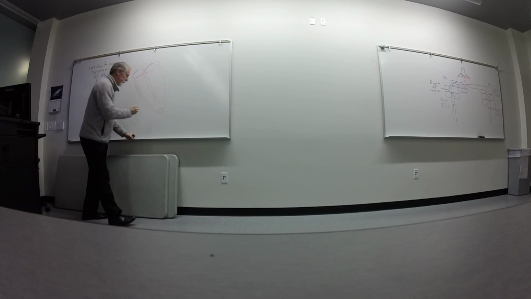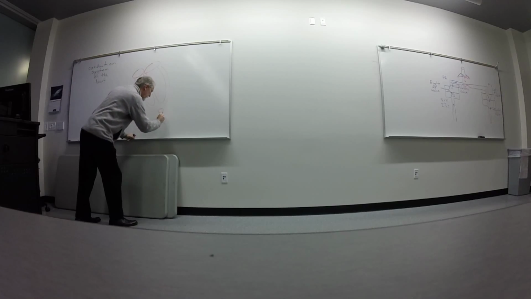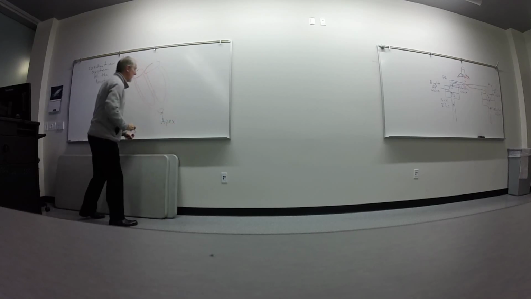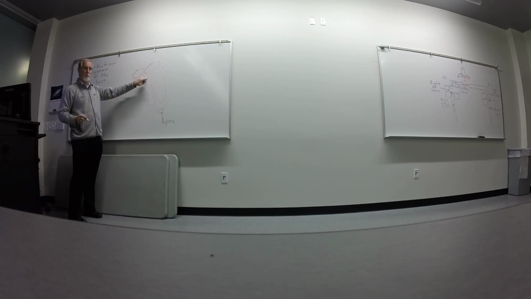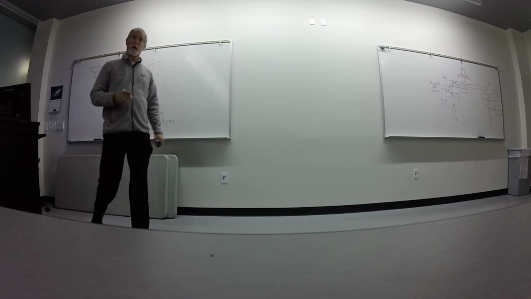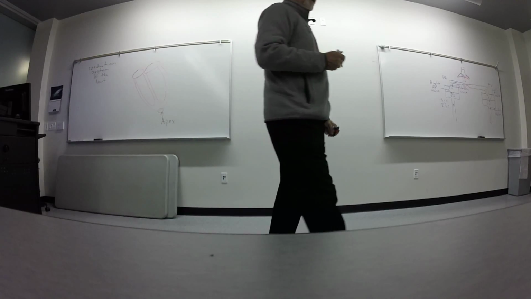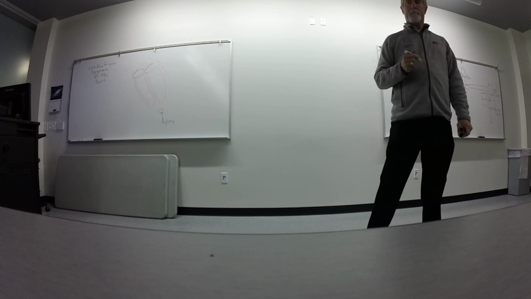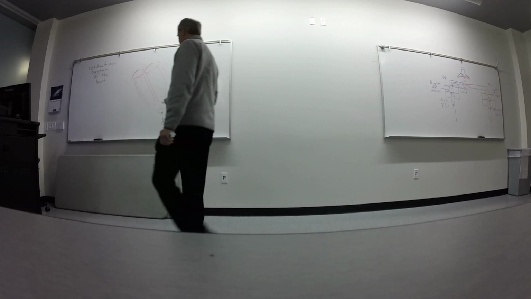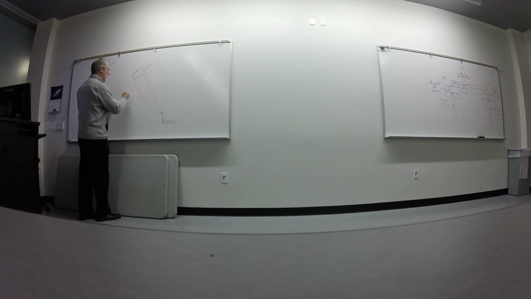The apex of the heart, very good. What are we going to call this muscular wall that separates the left and the right ventricles from one another? Septum. Excellent. So we've got the septum.